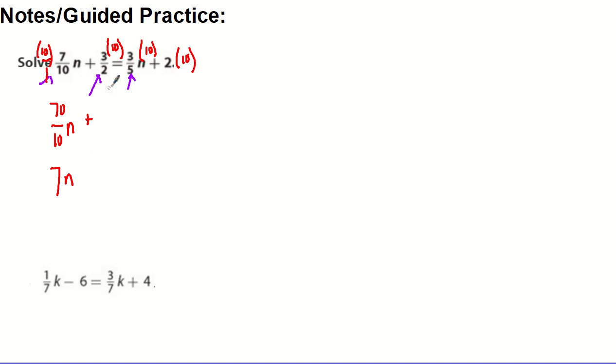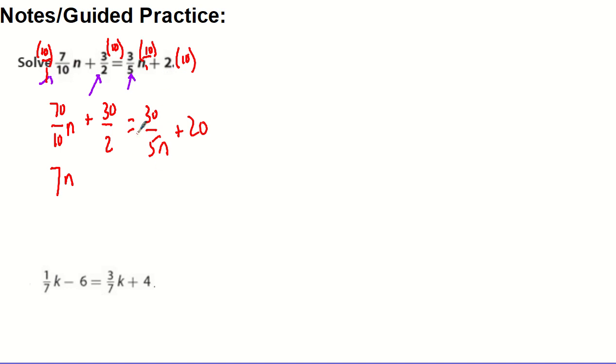Well, that's going to add with, let's see, this is 3 times 10, which is 30, and then that's over 2, because the denominator is not changing for each of these, because I'm just multiplying everything by 10 over 1. 3 times 10 is 30 over 5n plus, and this is 2 times 10, which is 20. So what I did is I multiplied all my numerators by 10, and I multiplied this whole number by 10.